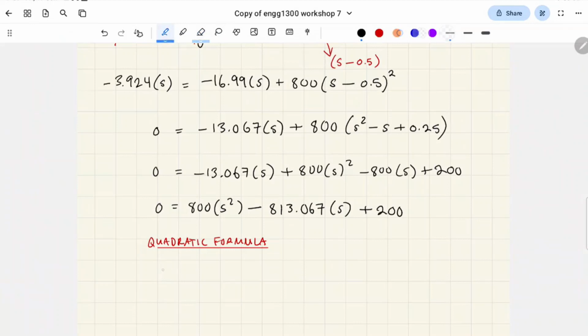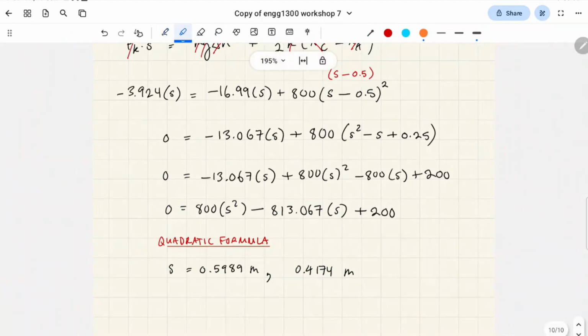We get that S is equal to 2 numbers. We're doing it in terms of S, so I don't want to confuse everyone.